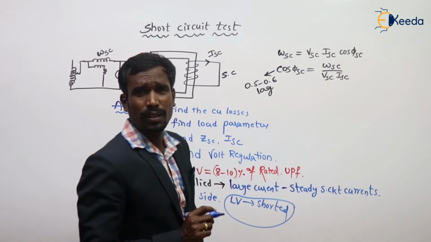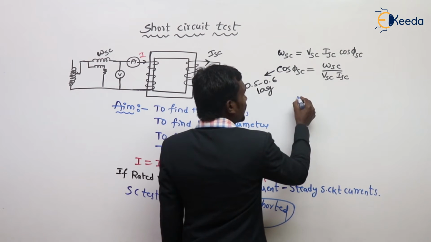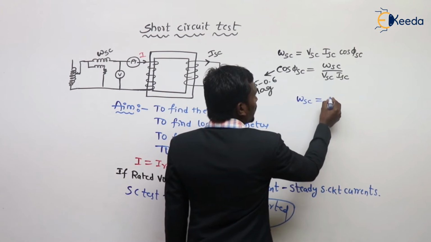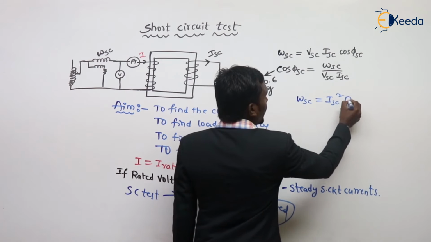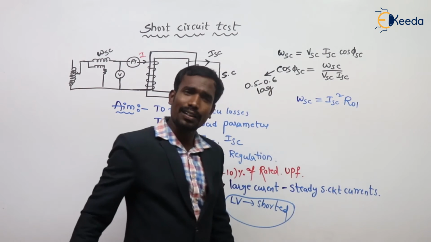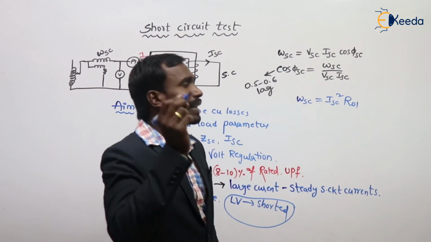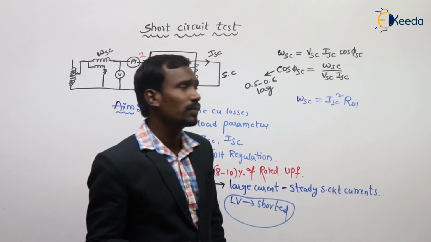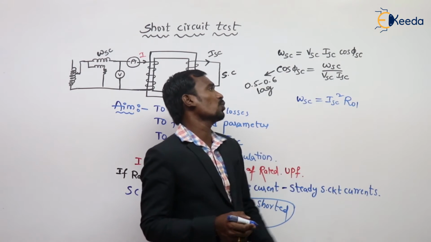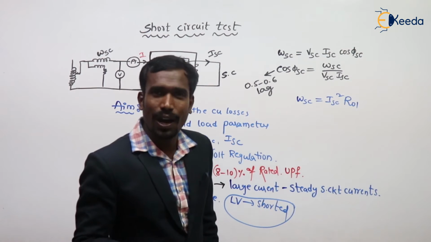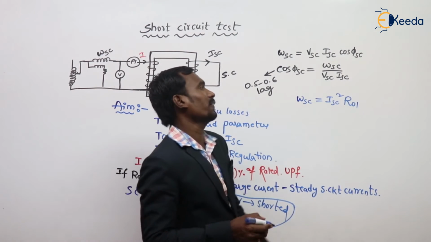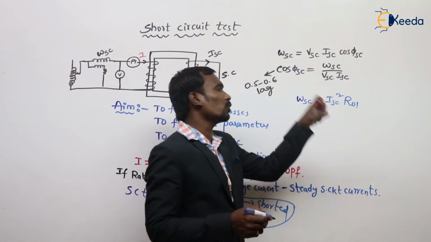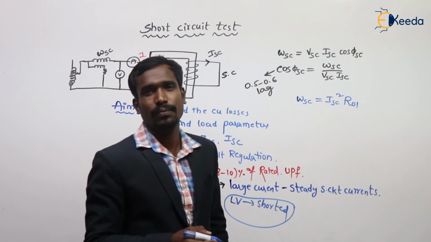Then we can write WSC as ISC square into R01, or R02 with respect to the secondary. WSC is equal to ISC square into R01 if it is single phase. If it is three phase, 3 into ISC square into R01.